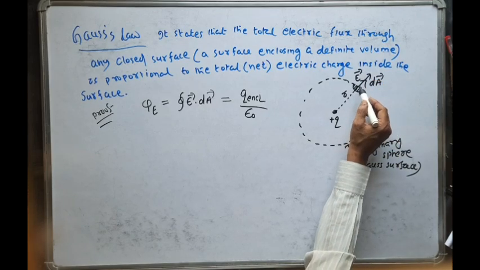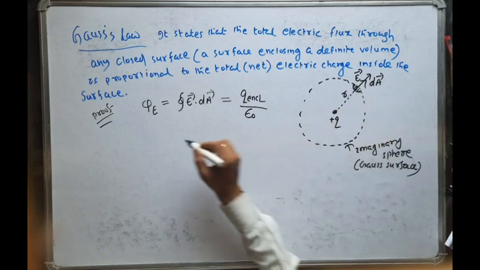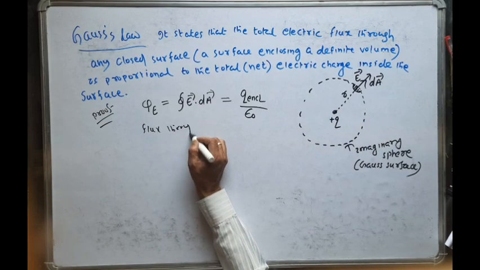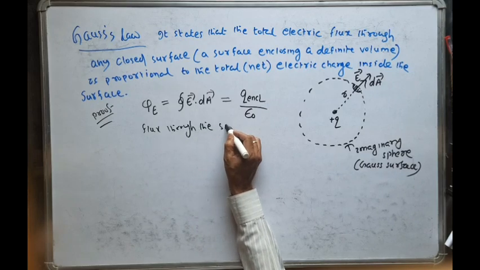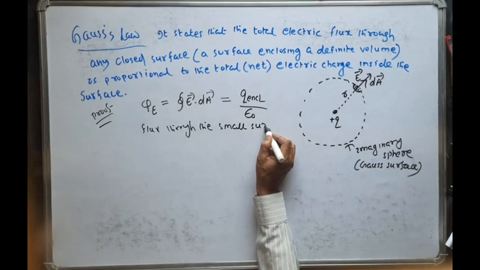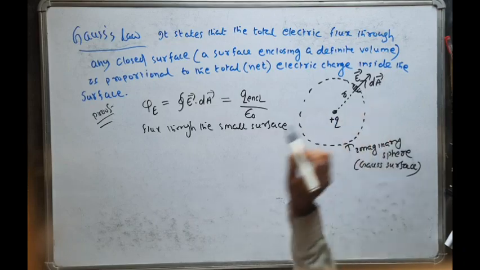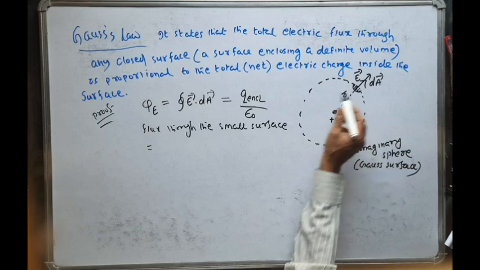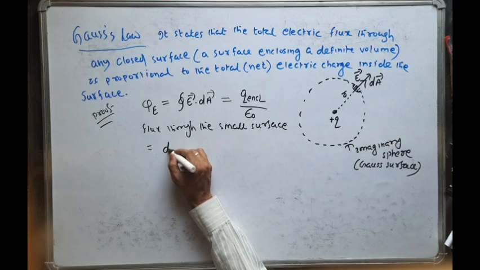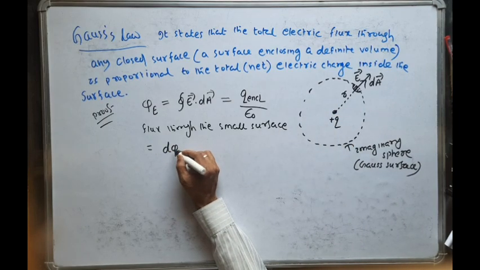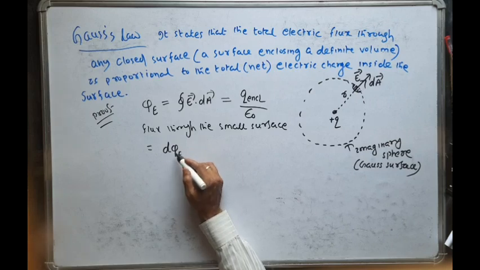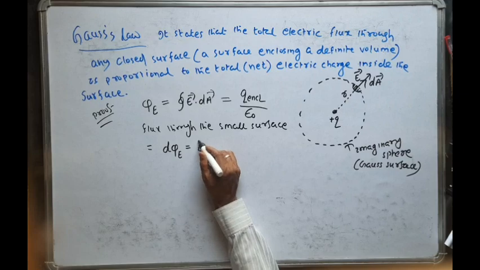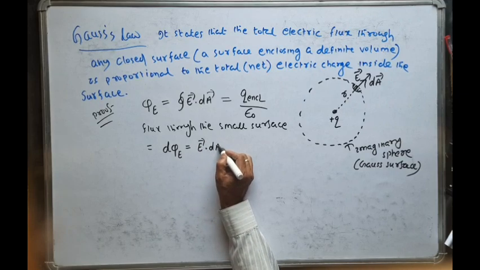Now we will find the flux through this small surface. Since the element of area dA is very small, the flux passing through that element is also very small, say d phi e, where e stands for electric flux. According to the formula, d phi e is equal to E dot dA.